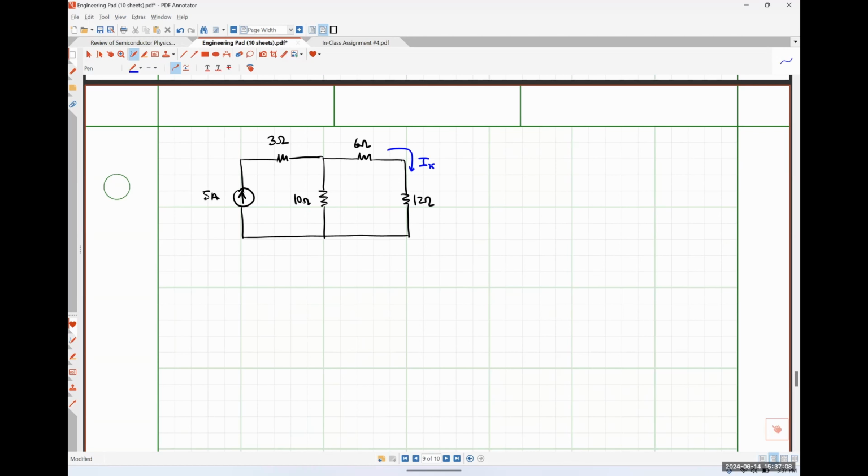So this looks appreciably different than the network that we derived our current division relationship for. But I believe that we can still apply current division. I know that this may sound odd because current division is defined as finding out how much current splits off when you have a parallel combination of resistances.